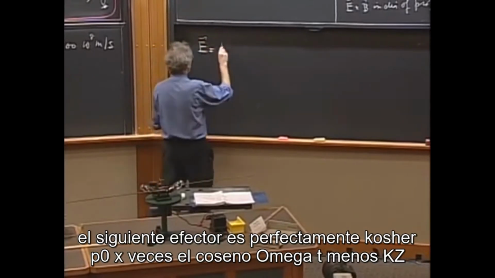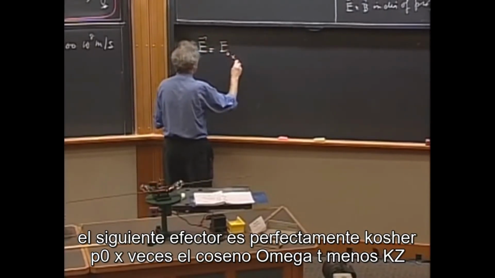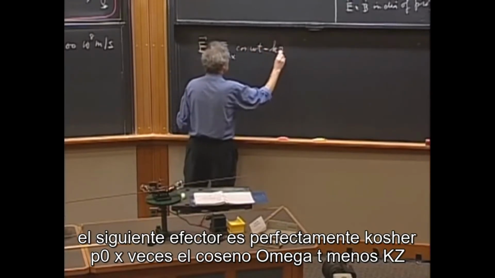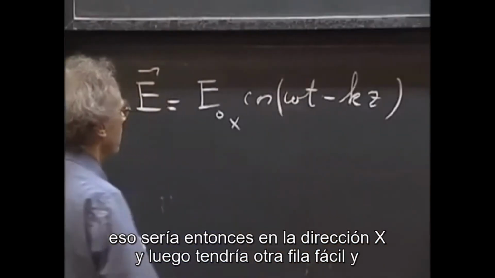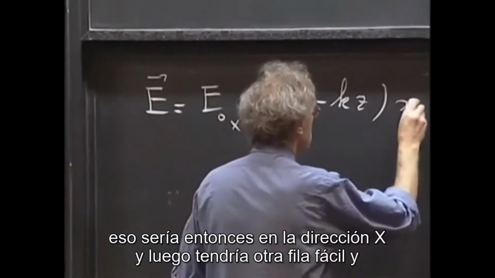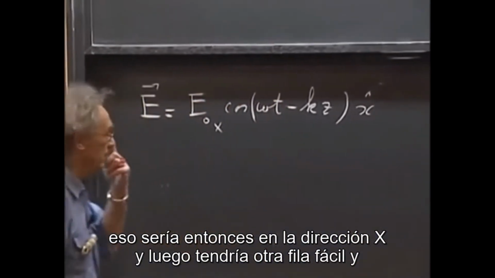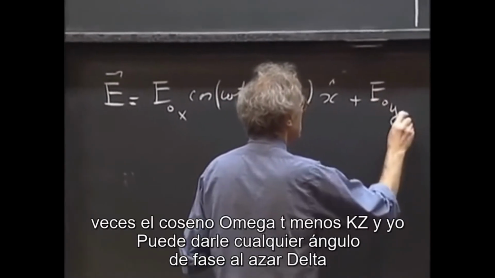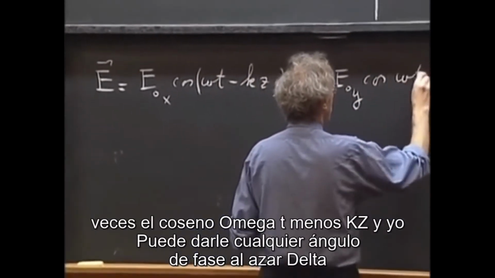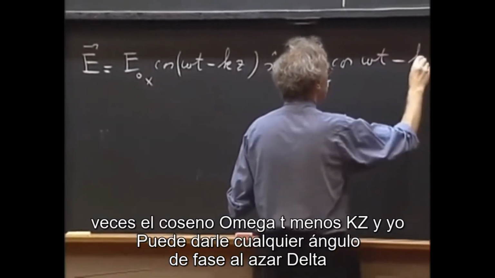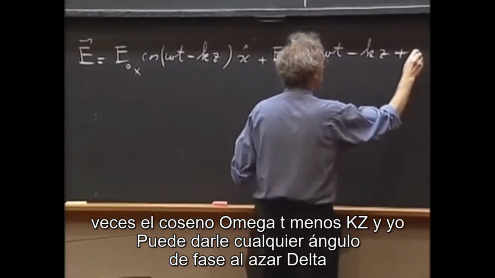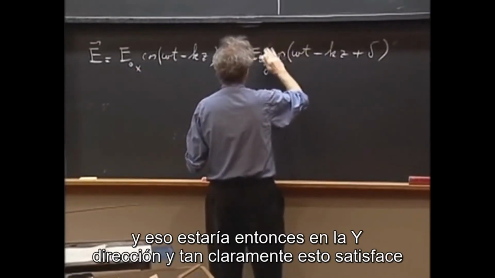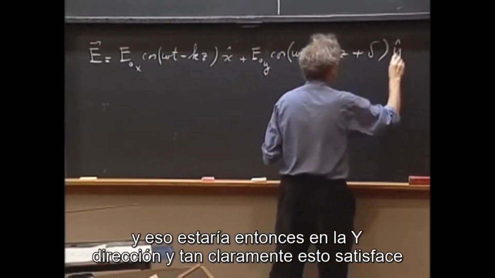In other words, the following E vector is perfectly kosher: E0x times the cosine of omega t minus kz. That would then be in the x direction. And then I would have another E0y times the cosine of omega t minus kz, and I can give it any random phase angle delta.